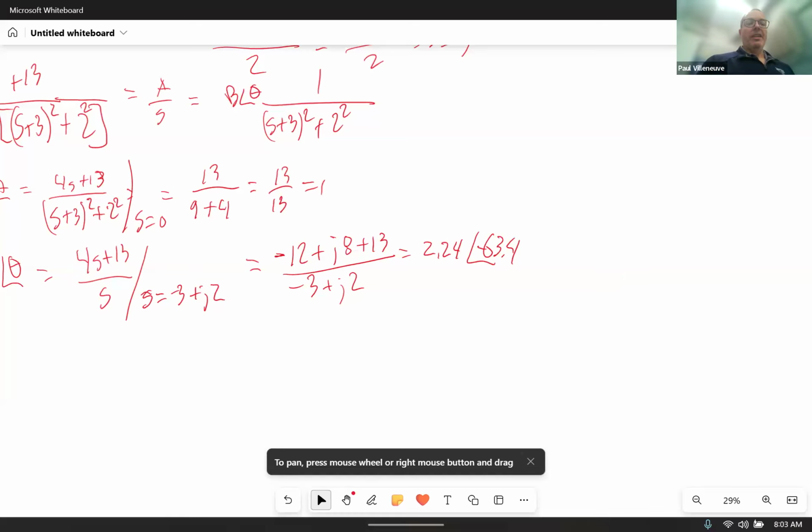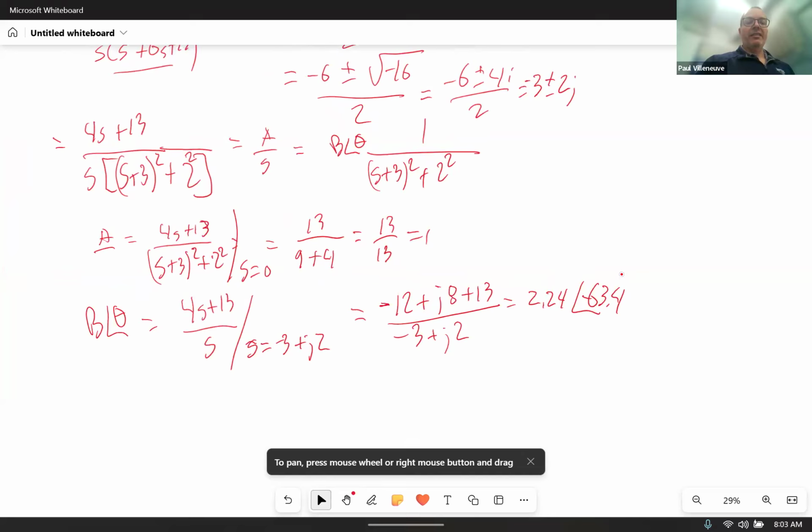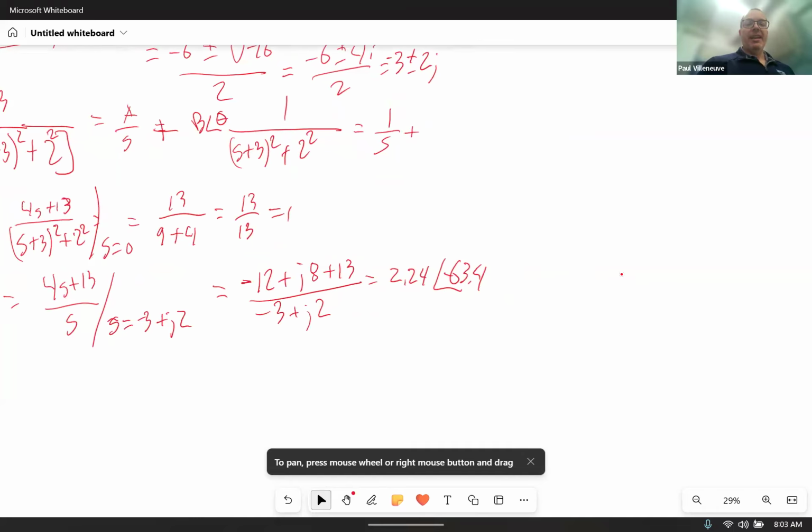So now we can substitute that over here. I said equals, that should be plus. So that's 1 over s plus B at an angle of theta, which we just calculated, 2.24 at an angle of minus 63.4, multiplying s plus 3 squared plus 2 squared. And remember, if you look at your Laplace table, to be able to use the sine term, you have to have omega in the numerator.